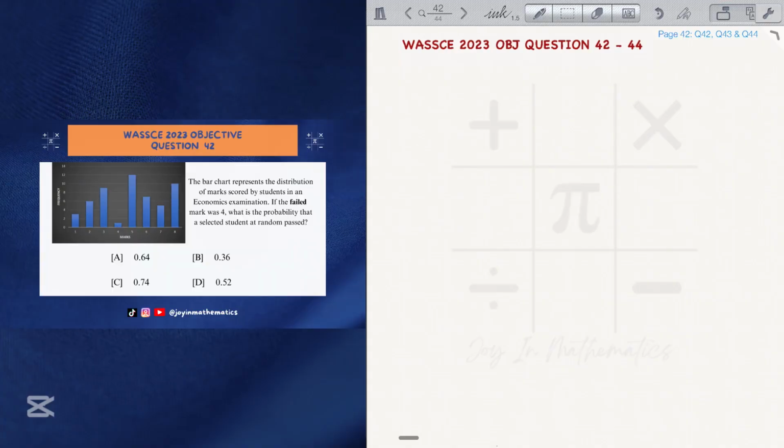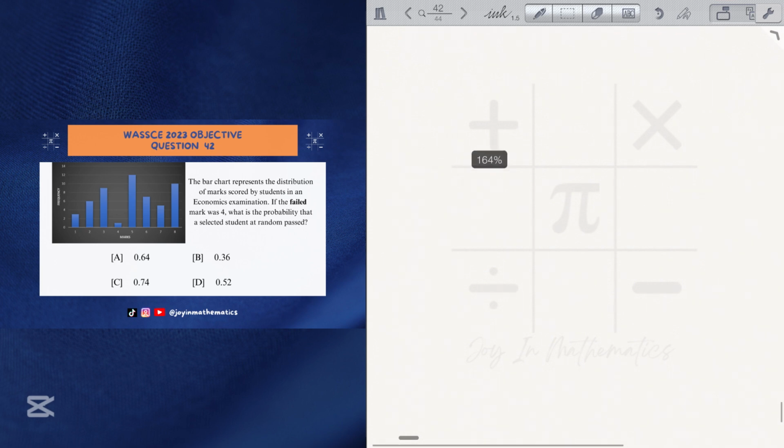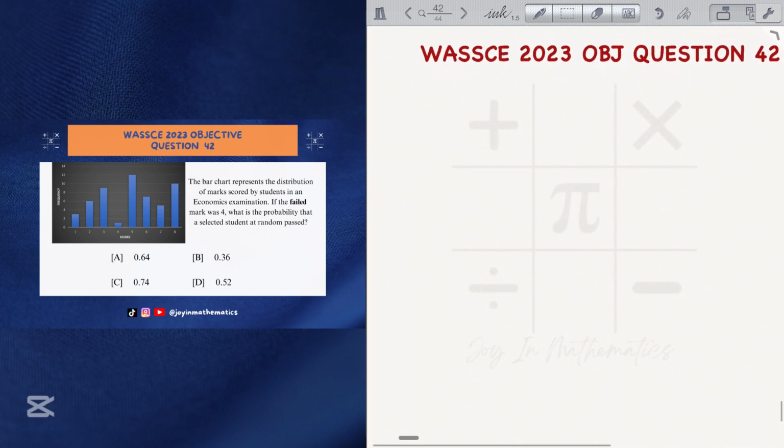Now let's solve WAEC 2023 objective questions 42 to 44 together because they all have the same bar chart included. So let's begin with question 42. The question says the bar chart represents the distribution of marks scored by students in an economics examination. The first thing to do is to explain the bar chart.